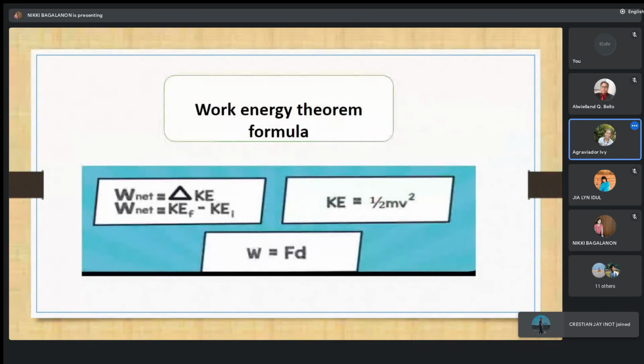Work equals the change in kinetic energy. Net work equals kinetic energy final minus kinetic energy initial. Kinetic energy equals one half mass times velocity squared. The formula for work is force times distance.